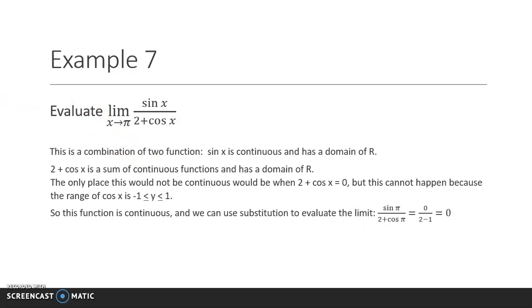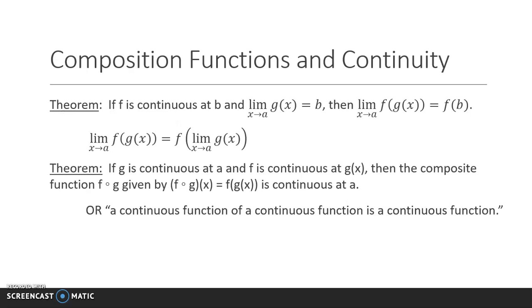Okay, now let's take a look at continuity with composite functions. The first theorem we have about composite functions is that if f is continuous at b and the limit as x approaches a of g of x is b, then the limit as x approaches a of f of g of x is f of b, which sounds really crazy.